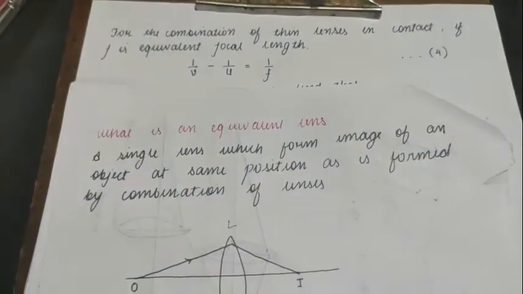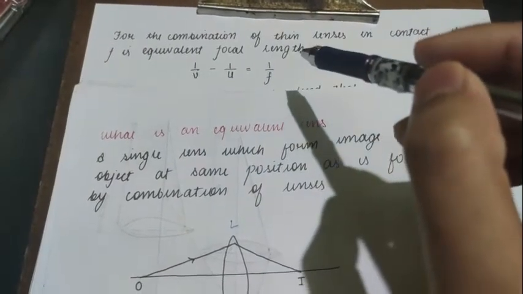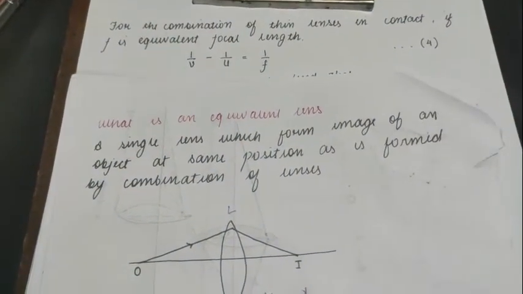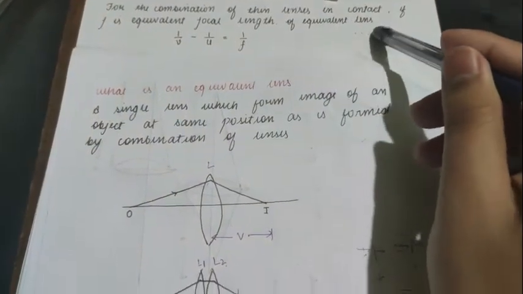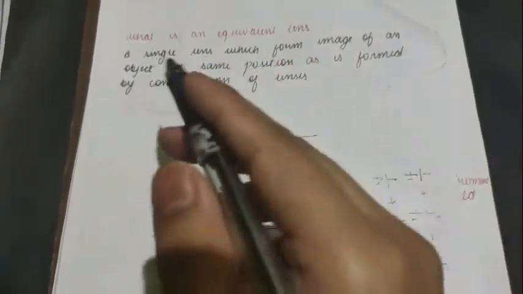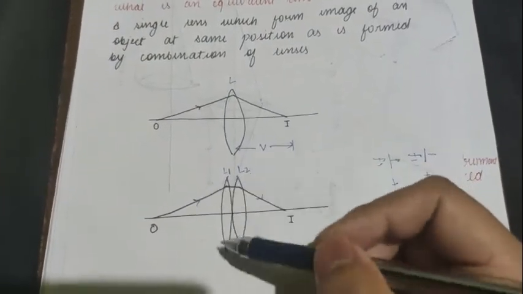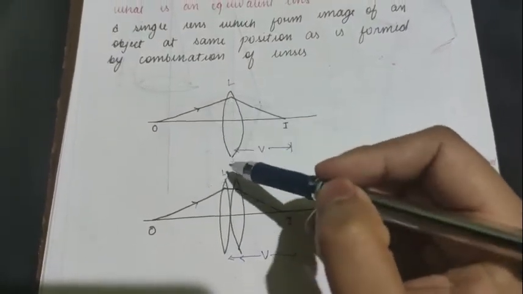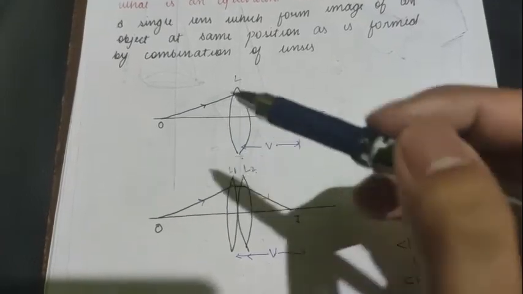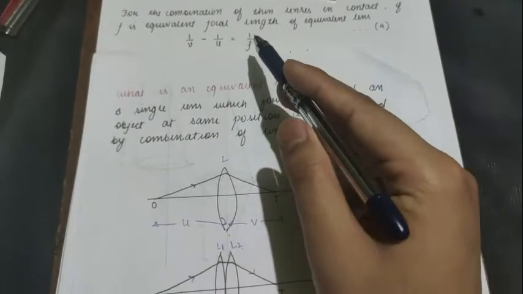Okay, now for the combination of thin lenses in contact, if f is the focal length of the equivalent lens. Now we know, suppose you had two lenses. These two lenses can be replaced by a single lens. This single lens has an equivalent focal length of how much?